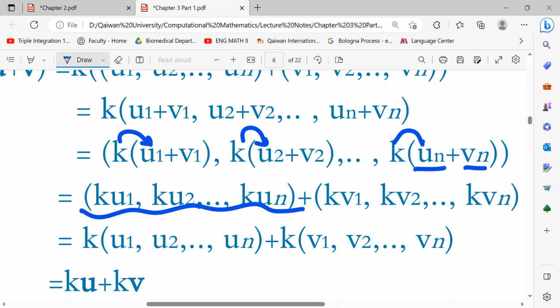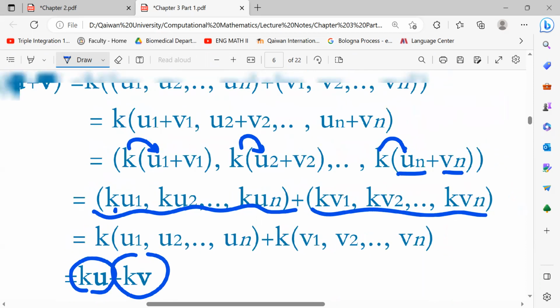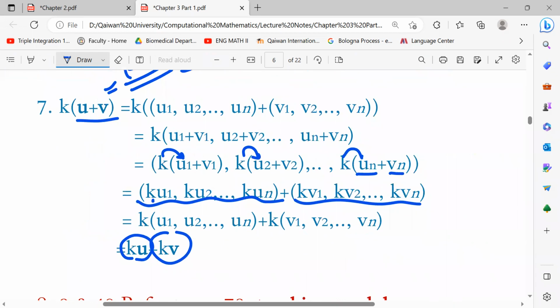Then, this is what? It's ku. And this is kv. As you see, we proved that k times u plus v is ku plus kv. It's just taking time, actually, this type of question. It's just writing down a lot. It's easy.